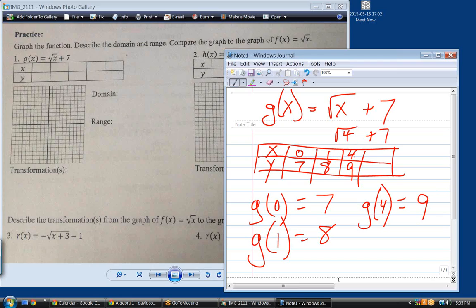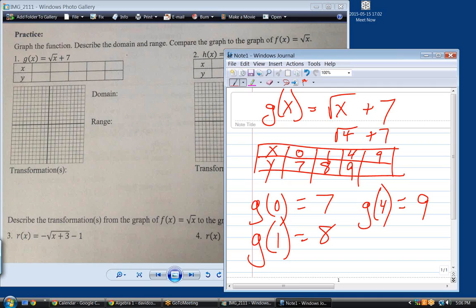And finally, let's pick an x of 9. Now, why did I pick those numbers for x? Because each one of them has a whole number as its square root. In other words, I didn't pick 3 because then our answer would have been the square root of 3 plus 7.